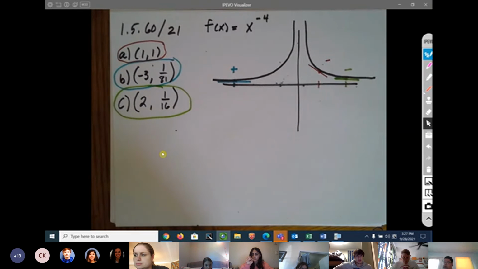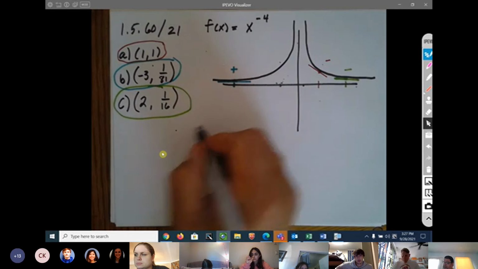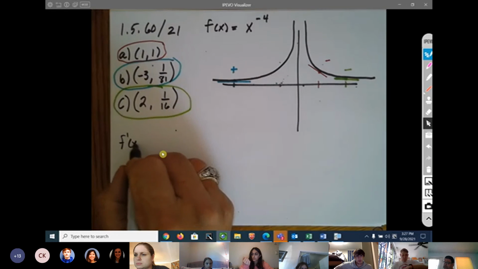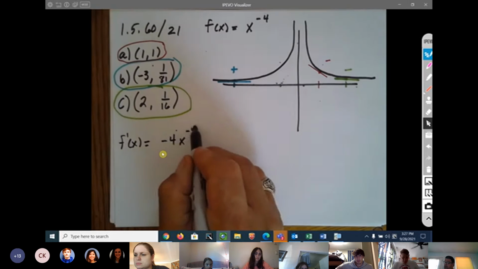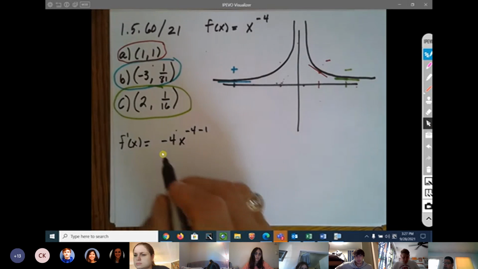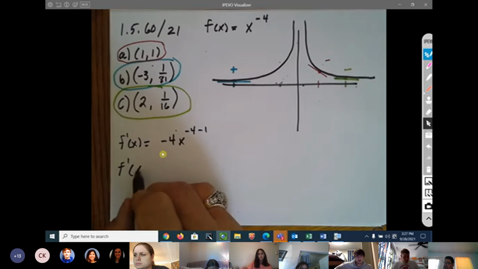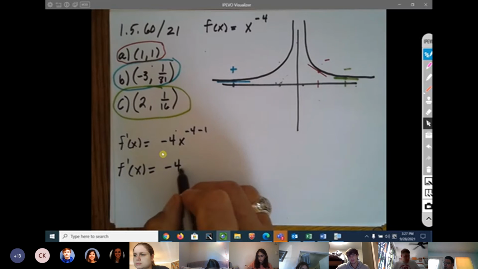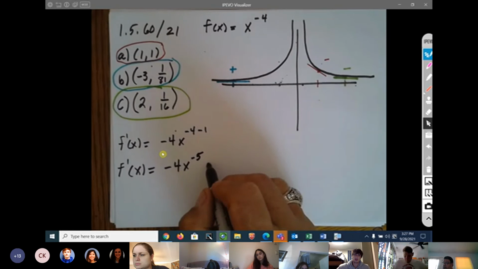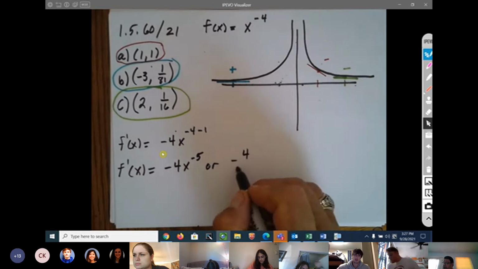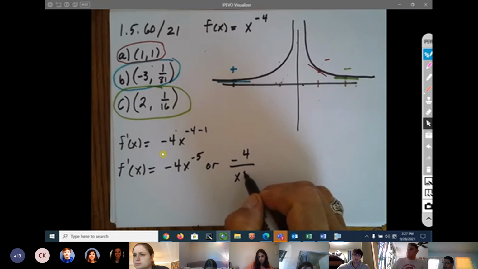So, f prime of x is equal to -4, x to the -4 minus 1. F prime of x is equal to -4, x to the -5, or -4 over x to the 5th.